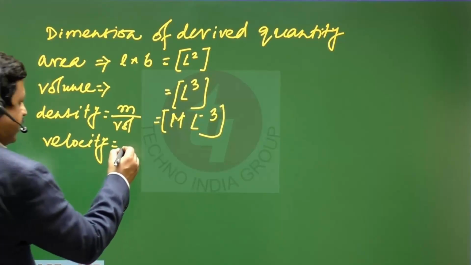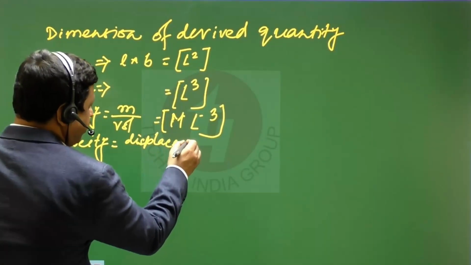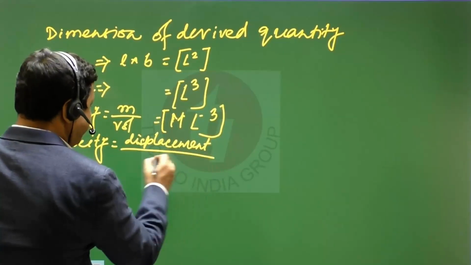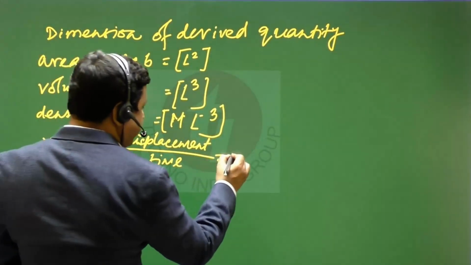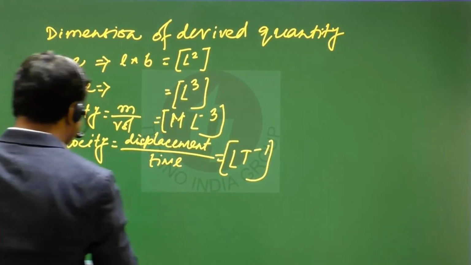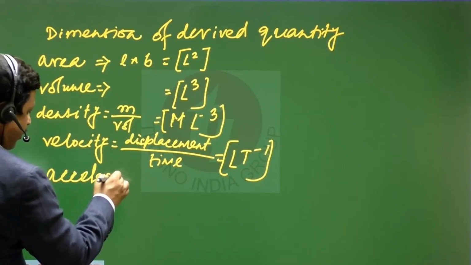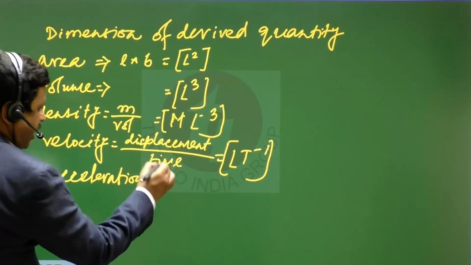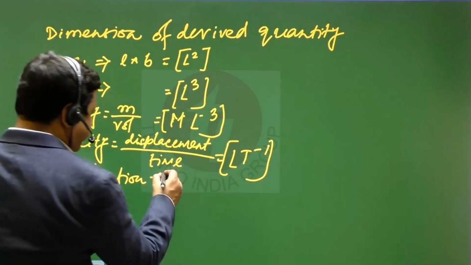The dimension of displacement is L, time is T, so L T to the power minus 1. Acceleration. Acceleration is basically change in velocity by time, right?